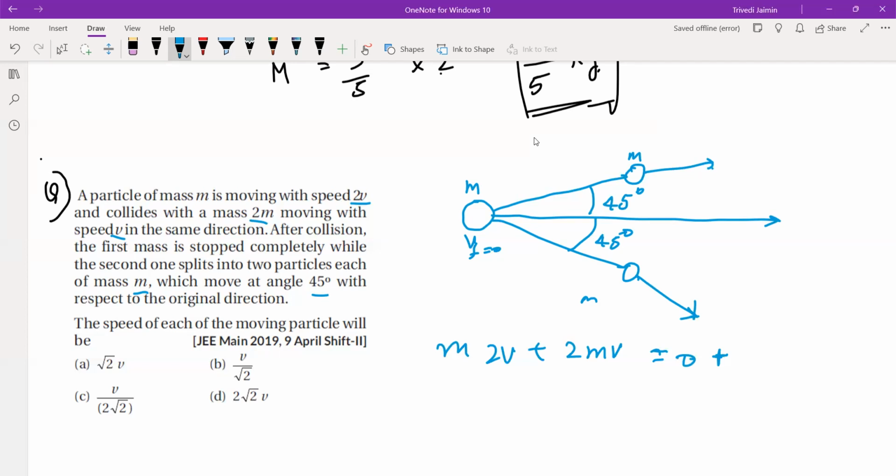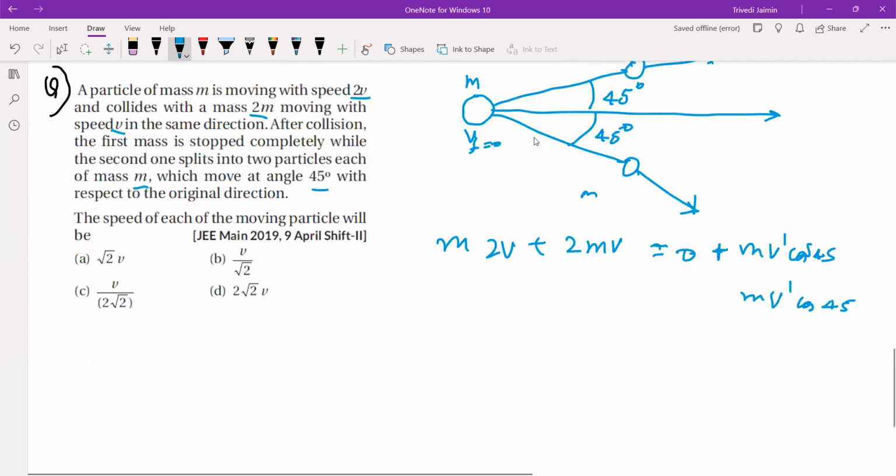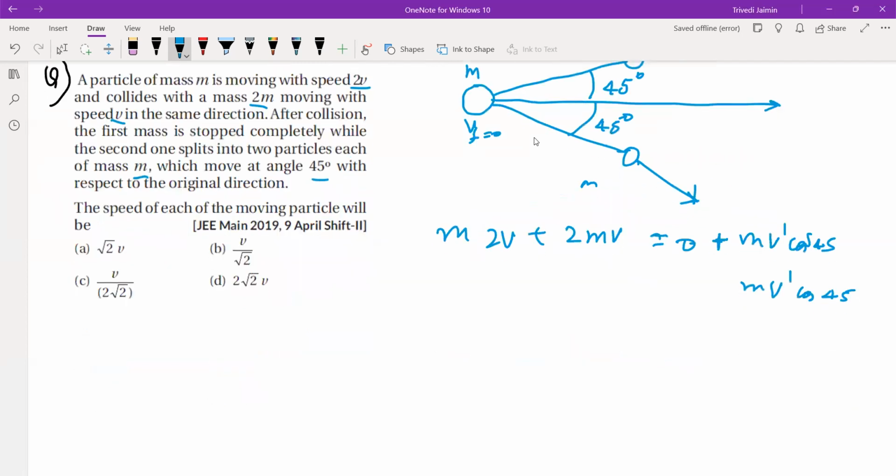Yeah, 0, mv dash cos 45, mv dash cos 45. So this is 2 times mv dash cos 45.